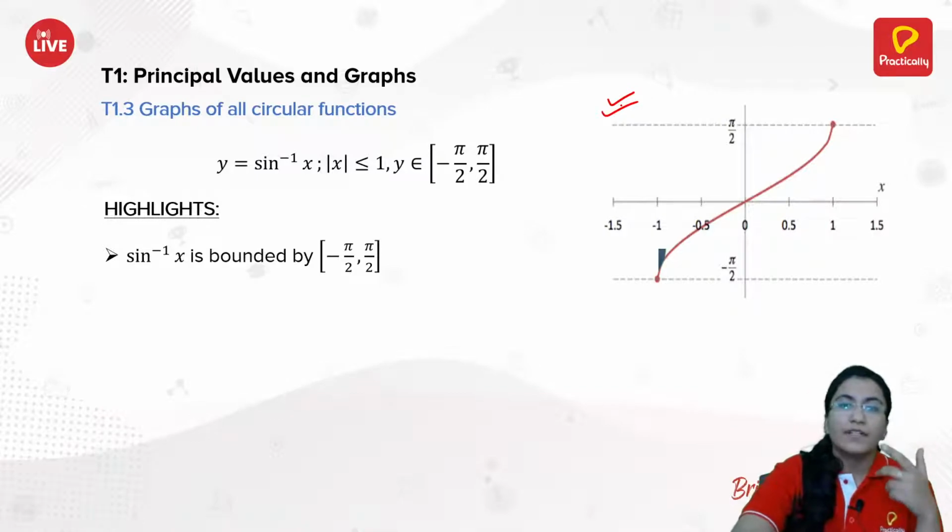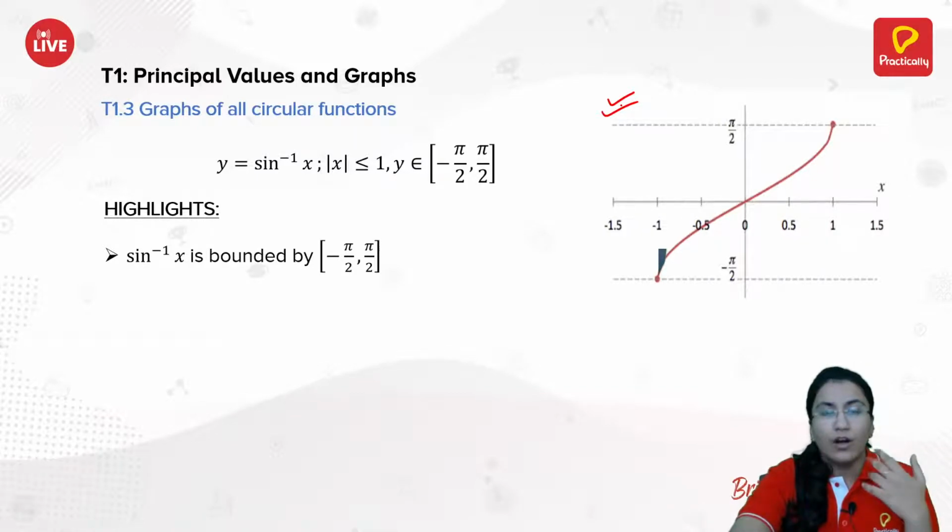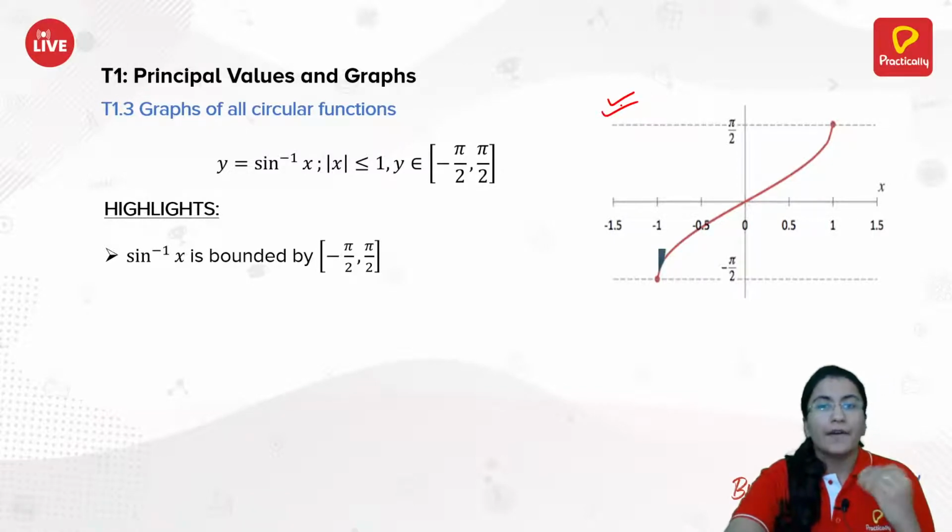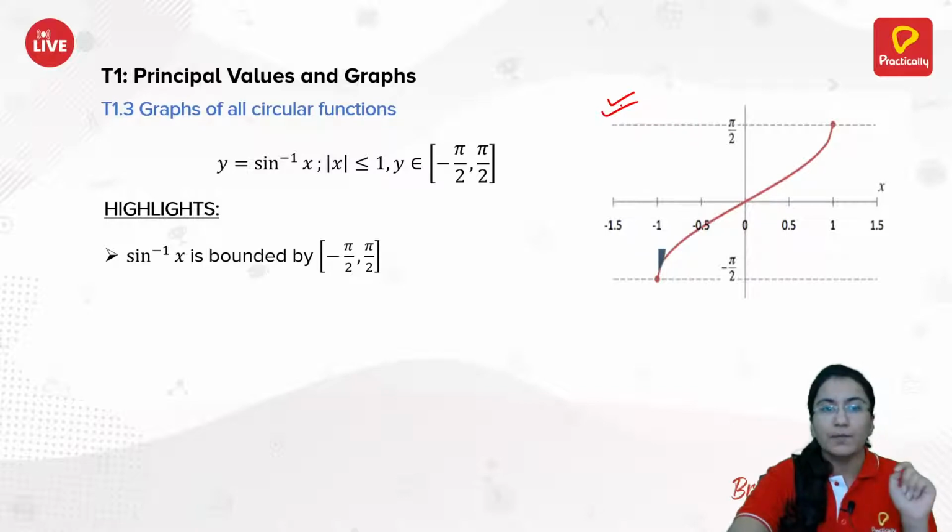You can't have its value as pi or 3 pi or 4 pi, any value greater than pi by 2 or any value lesser than minus pi by 2, as its range is not possible. This is the first point which we need to remember for sine inverse x.